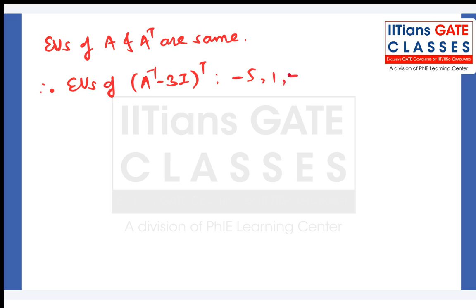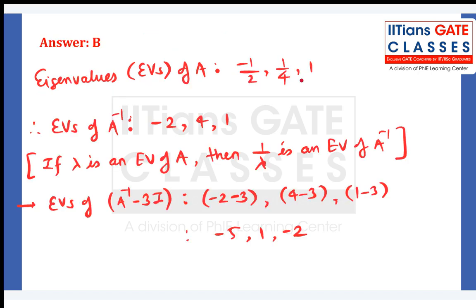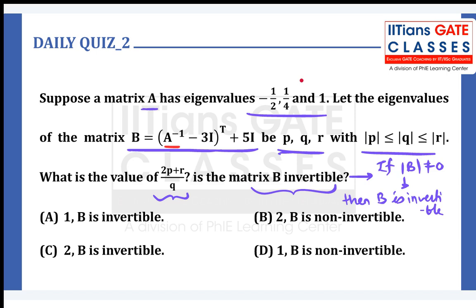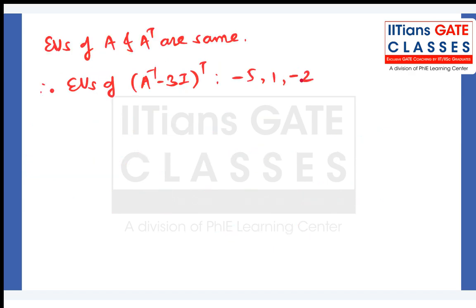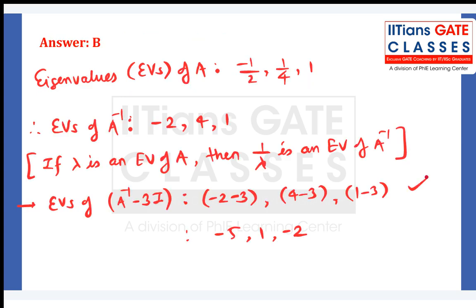Now for the last part of the definition of matrix B, they are adding 5i in order to get the matrix B. Whatever we did in the second case, where we subtracted 3 from every eigenvalue, now in the last step you have to add 5 to every eigenvalue.